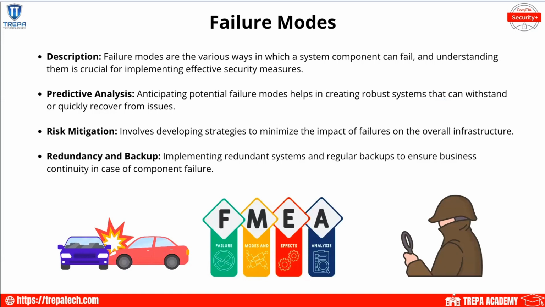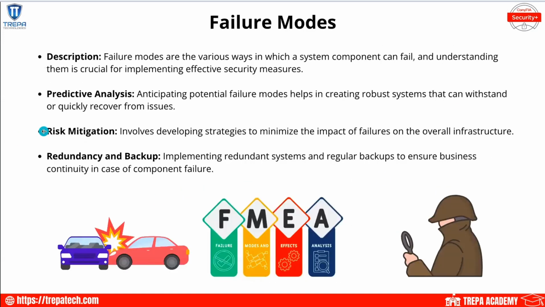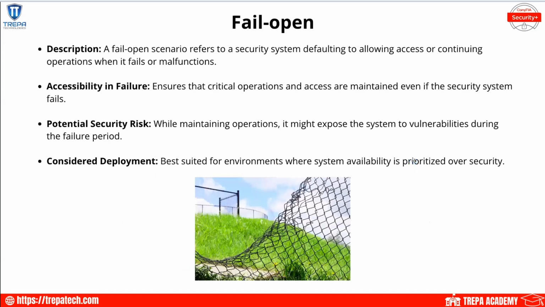All right, failure modes. So now let's go over the different types of failure modes. These are the various ways in which a system component can fail, and understanding them is crucial for implementing effective security measures. So let's go ahead and just jump right into it. So a fail open. A fail open scenario refers to a security system defaulting to allowing access or continuing operations when it fails or malfunctions.